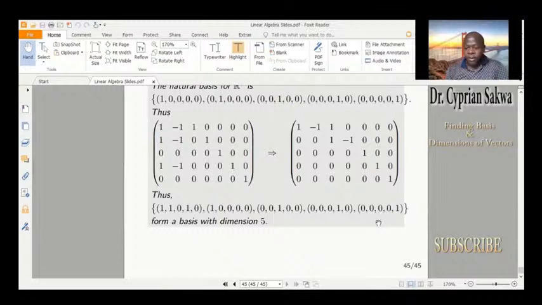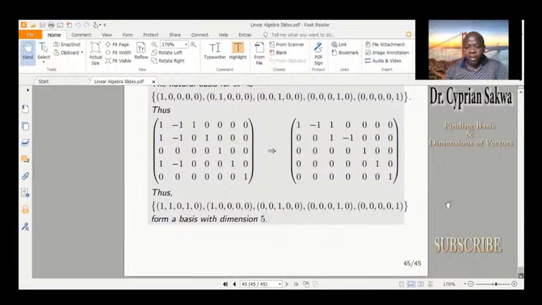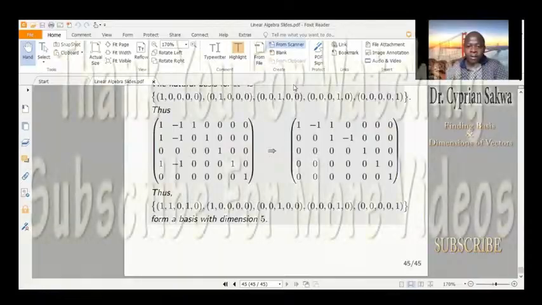These will form a basis. And how many are they? 1, 2, 3, 4, 5 elements. And so the dimension of this basis is 5. And that is how we've determined the basis of a vector space and the dimension. Remember that the dimension will be the number of elements.